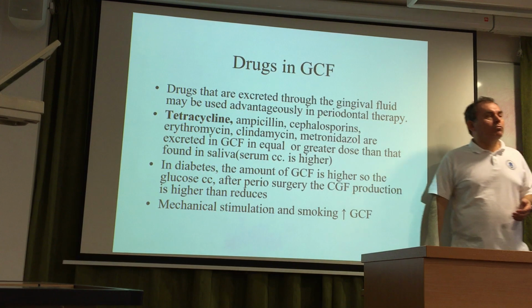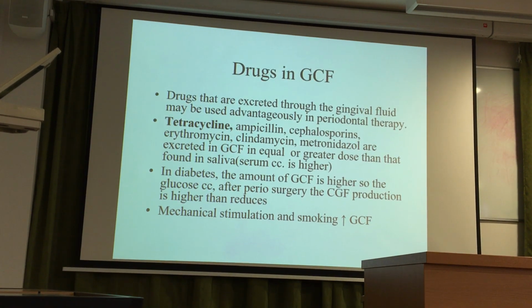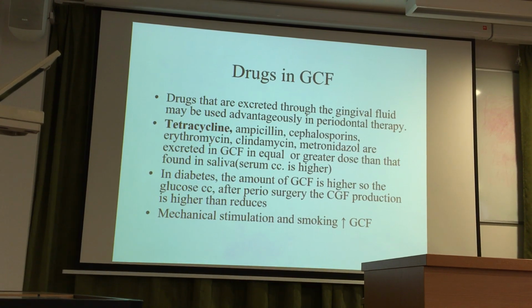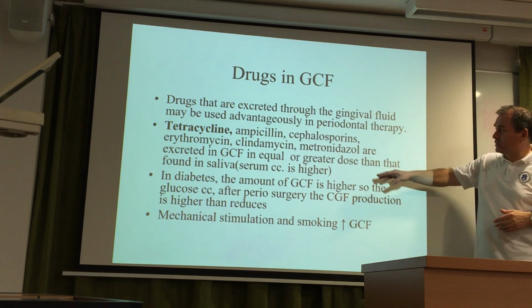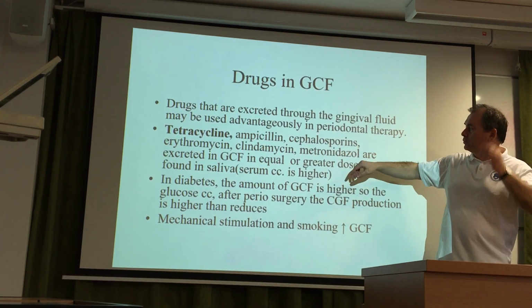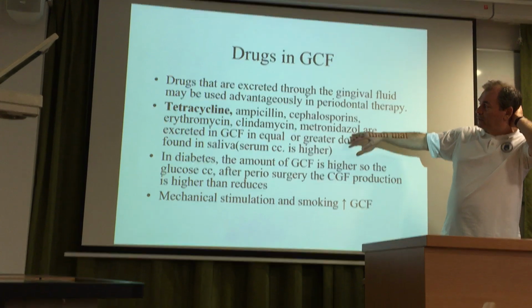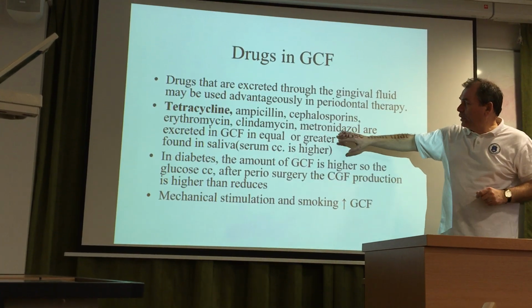So we use, as you know, metronidazole regularly. I don't know what the name of this metronidazole drug is in your country. The active agent is metronidazole, but in Hungary it is named Cleon.